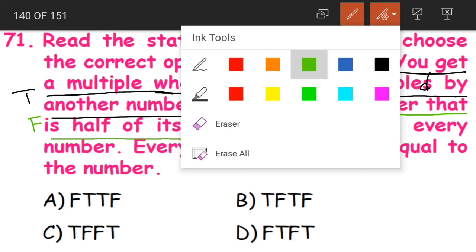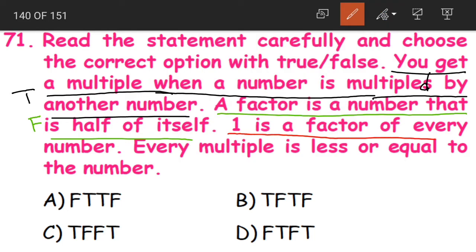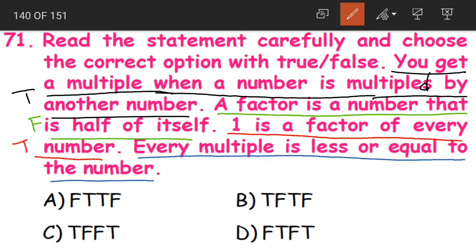Yes. Now next, coming to statement 3. 1 is a factor of every number. Is it true? Yes, it is true. 1 is a factor of every number and also it is the smallest factor of every number. Now coming to the last statement, every multiple is less or equal to the number.